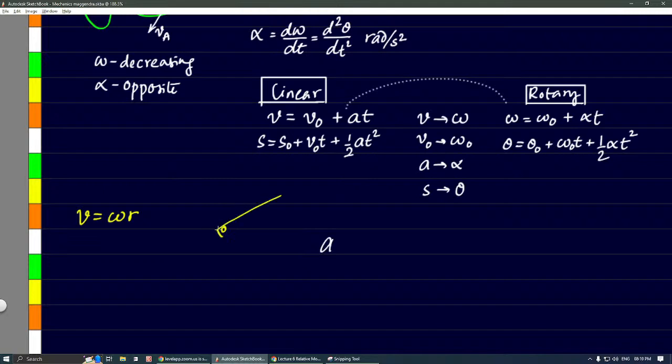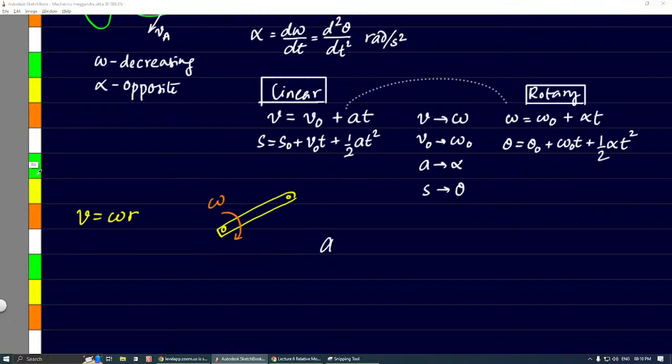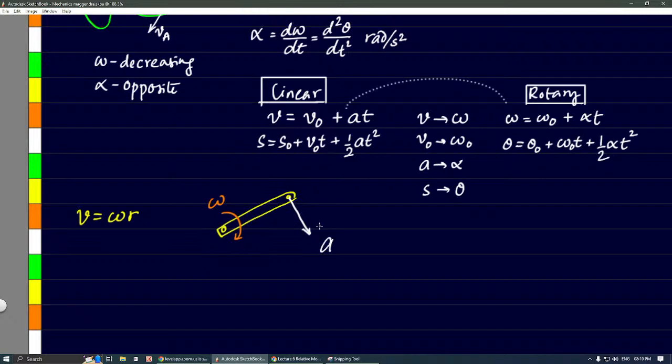Let us take a link like this, and let's say that this link is rotating with omega. Then we are interested in finding the velocity of this point. If we call this as O, this as A, this becomes velocity of A, right?